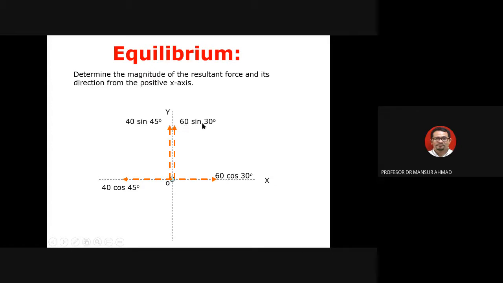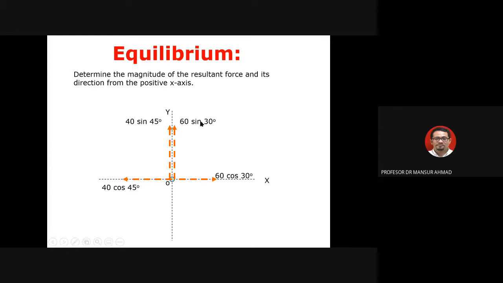So this is how I resolve 60 kilonewton in y direction, which is 60 sine 30 or 60 what? Anybody? Cos 60. Again? Cos 60.